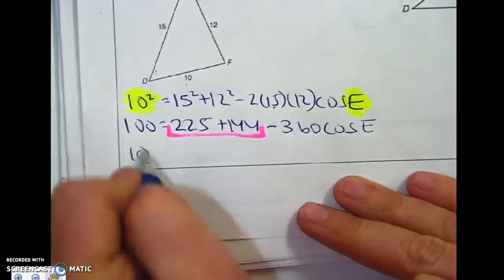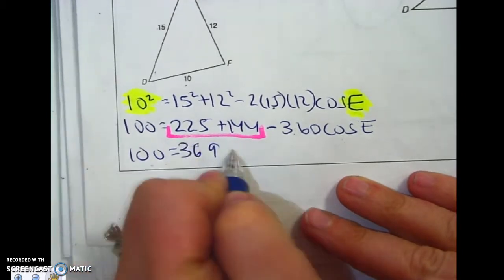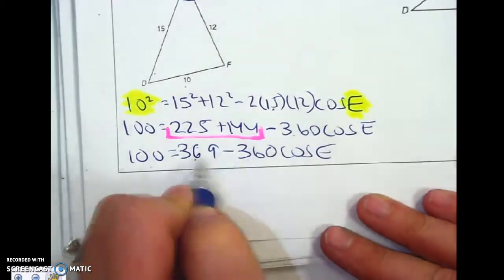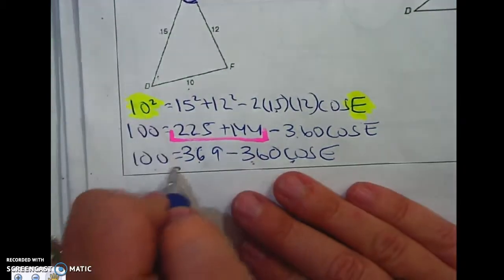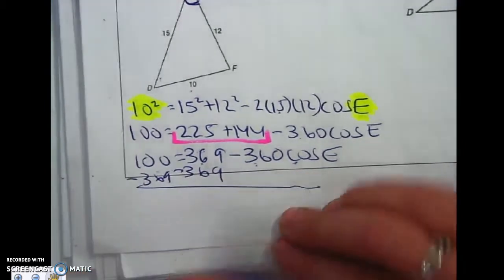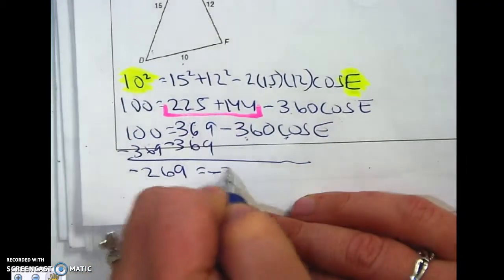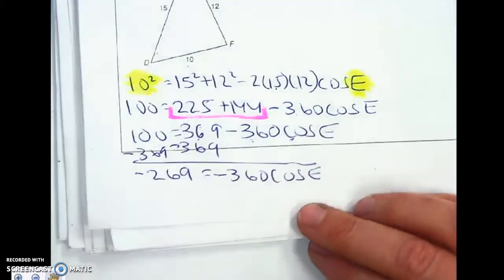So 100 equals 369 minus 360 cosine of E. Do not put those together because the 360 is with the cosine. Okay? And then I subtract 369, and I get negative 269 equals negative 360 cosine of E.